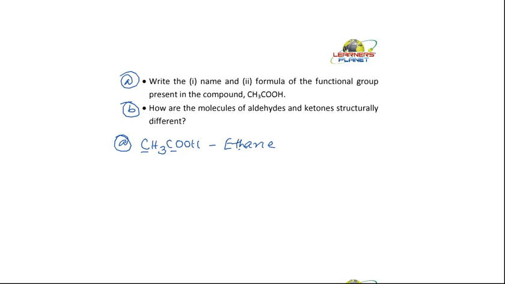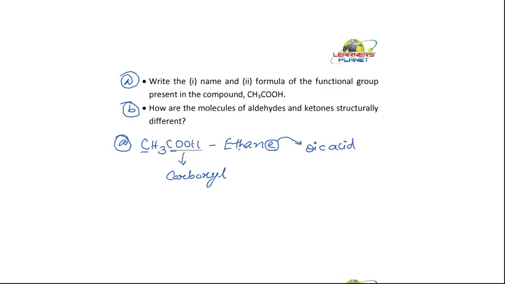Now which group is present here? It is carboxyl, right? So what will it form? It will form an acid. How do we frame the name of an acid? This E is replaced by oic acid. Okay?